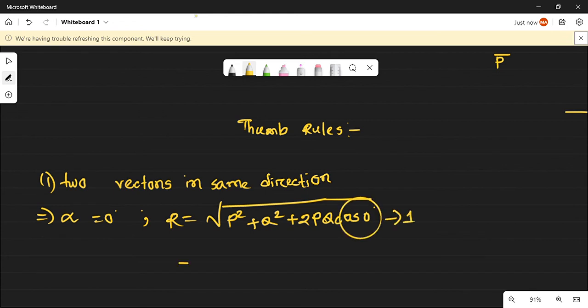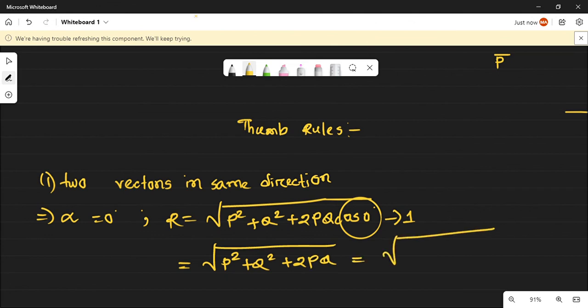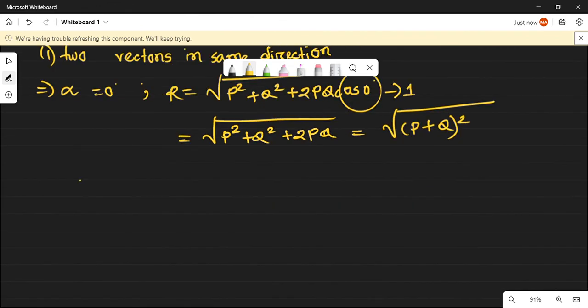So it will be P square plus Q square plus 2PQ, which equals P plus Q whole square from the factorization rule. So this will be R max. Always keep in mind the resulting vector will be maximum if the two vectors are working in the same direction, or the angle between them is 0 degrees. So R max equals P plus Q.